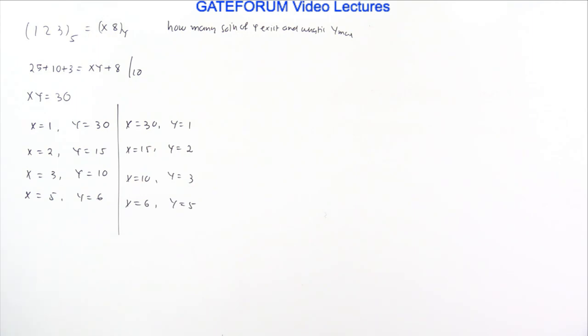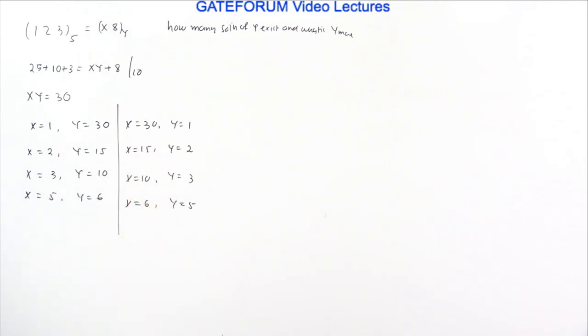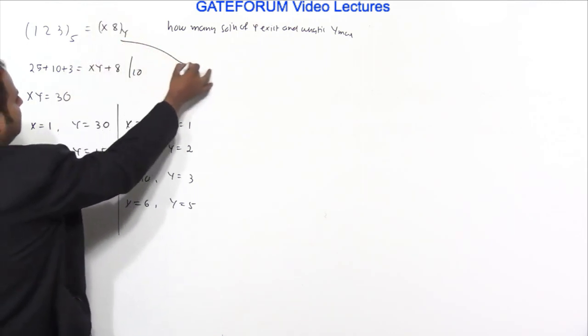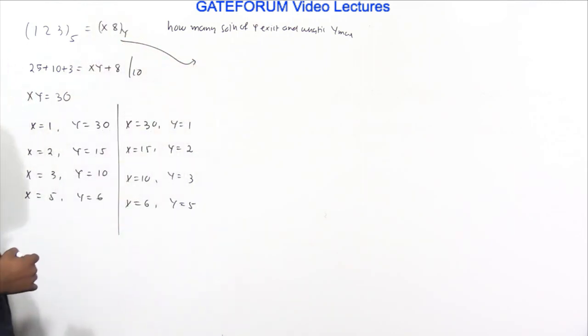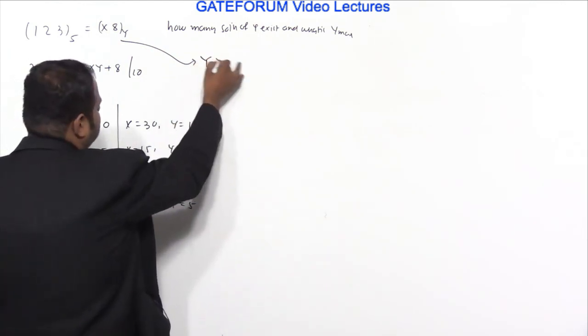If I ask you how many solutions of y exist, somebody may count 1, 2, 3, 4, 5, 6, 7, 8. Do you think 8 is the right answer? If you say 8 is the right answer, you are simply observing this and telling this. You are not observing anything else. But if I see this particular relation, I can have two conclusions. One conclusion I can say is, because y is the base, the y value must be greater than x.